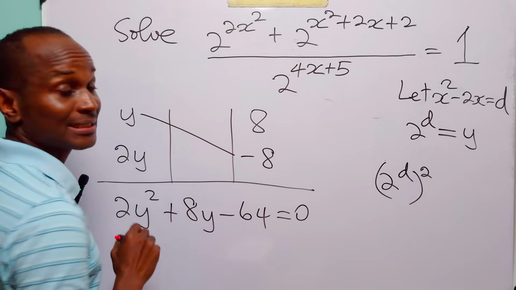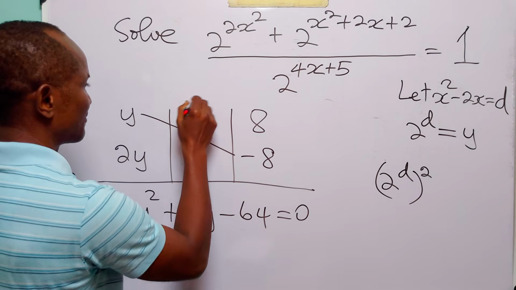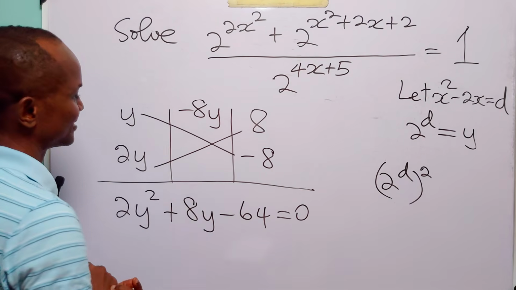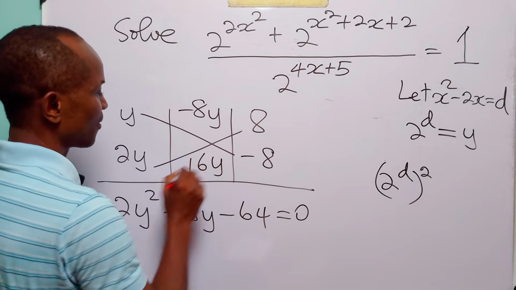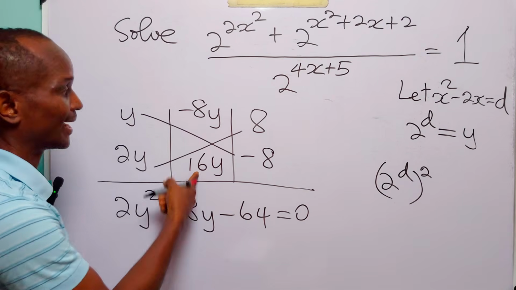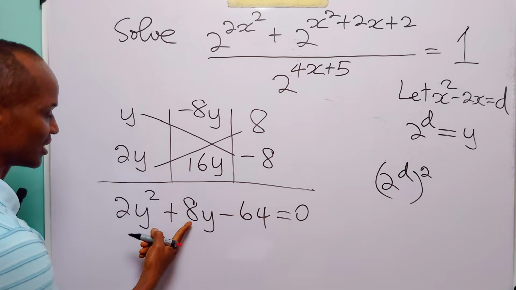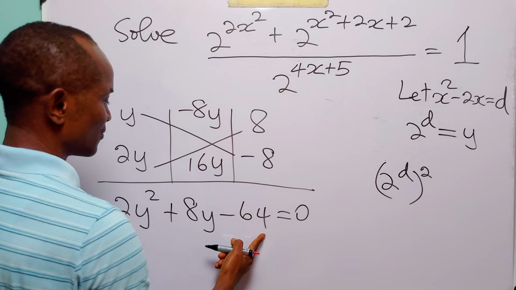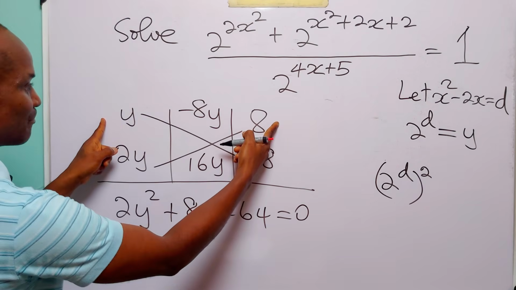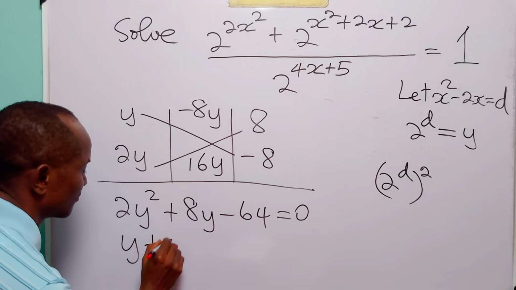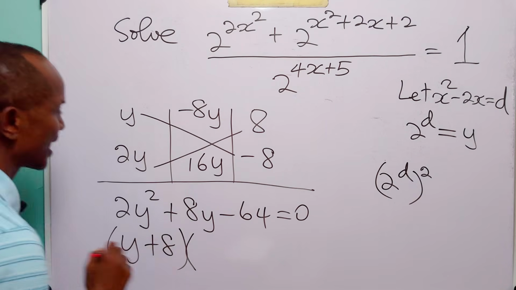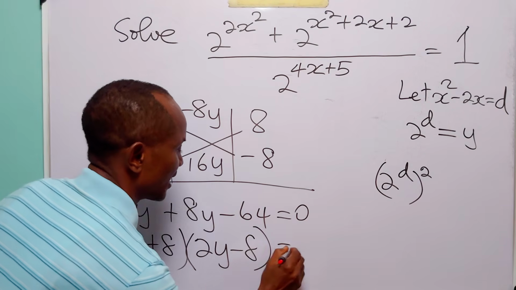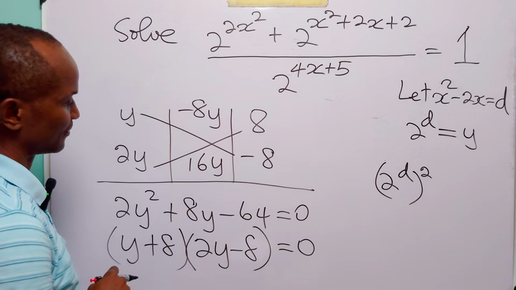Now, y times minus 8 is going to give us minus 8y. 2y times 8 is going to give us 16y. And 16y minus 8y is going to give us 8y. So we have that the factors of this quadratic equation are y plus 8 and 2y minus 8. And of course, this is equal to 0.